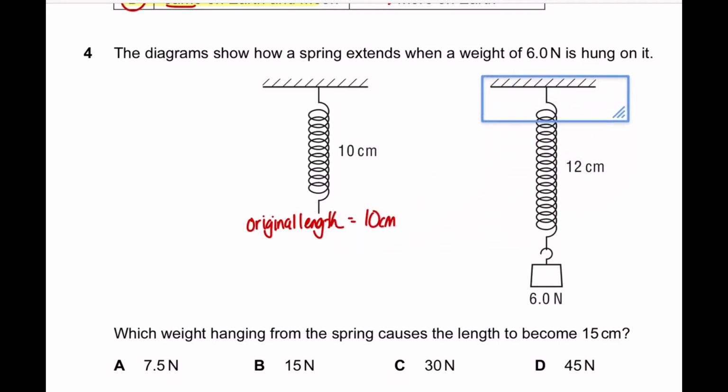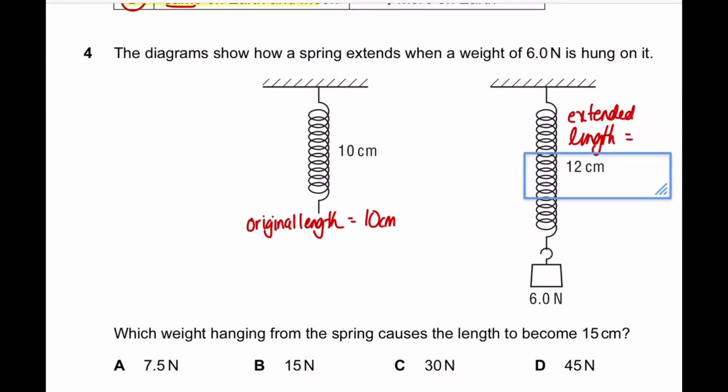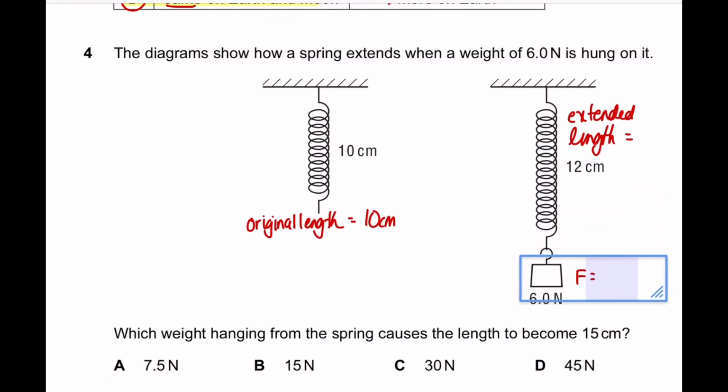Whereas on the right side, it is extended. Let me write here: extended length is equal to 12 when it is attached with a weight of 6 Newton.